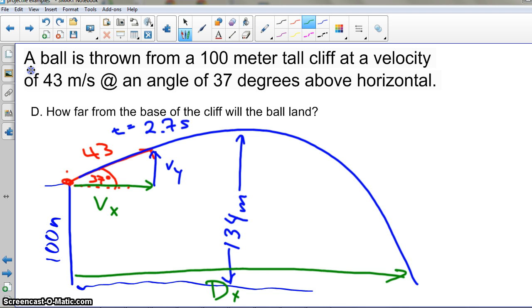What is the formula for the range? What is the formula for the x distance? Well, is the x accelerated or not accelerated? It's not accelerated. What's the formula for a distance and a velocity if there's no acceleration in it?